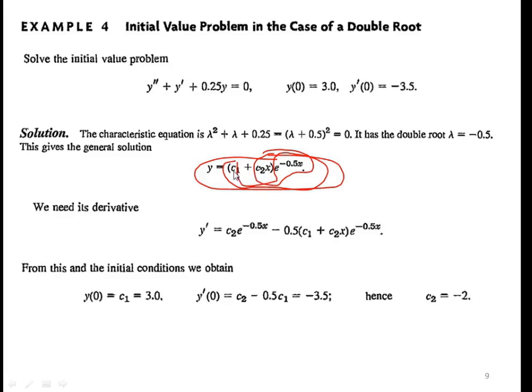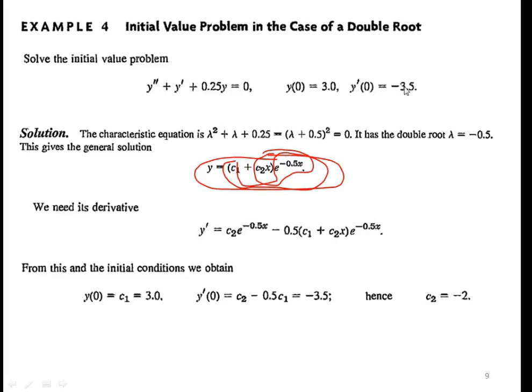Now we need to find C1 and C2. How can we find them? By applying the initial conditions. Now I have to make the first derivative of the solution. So you can see this is the first derivative, y prime.